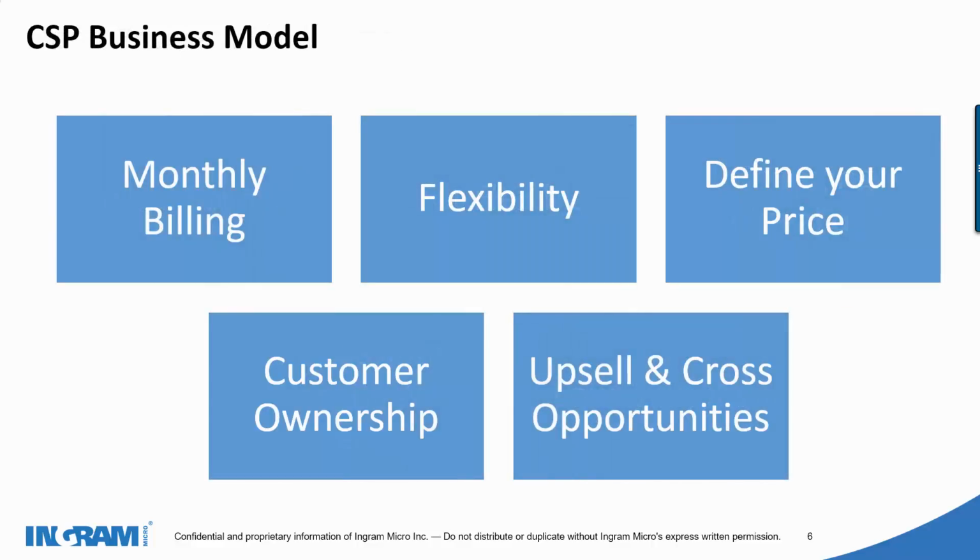In CSP, the first thing is monthly billing, and that's a big plus. Monthly billing means your customer has a choice to pay monthly or quarterly, the way you want to design it for your customer. It naturally brings 2 more benefits, which were problems in annual prepayment. One is flexibility: because of monthly billing, you can add seats, remove seats, and change plans.